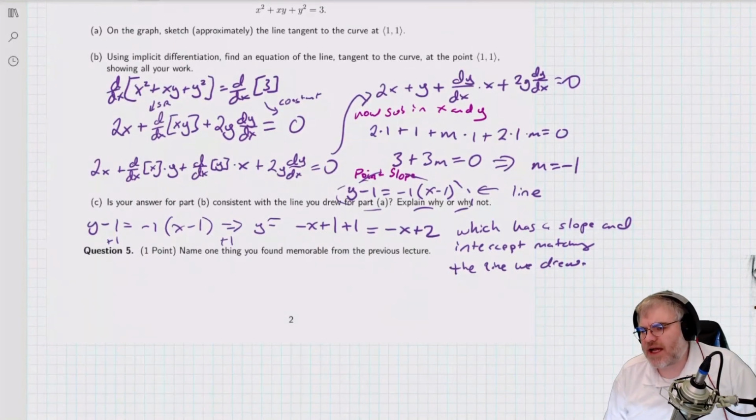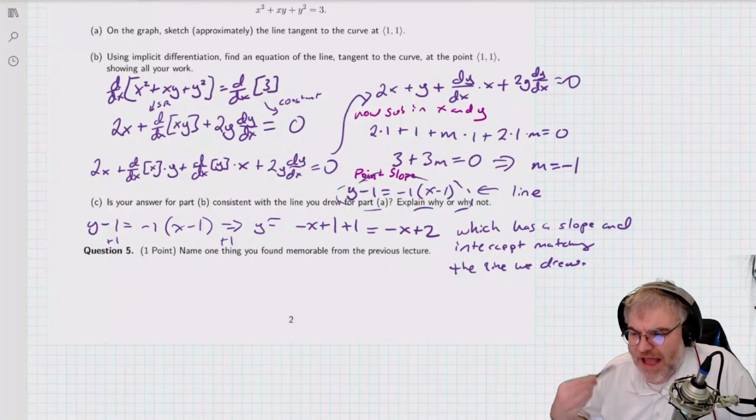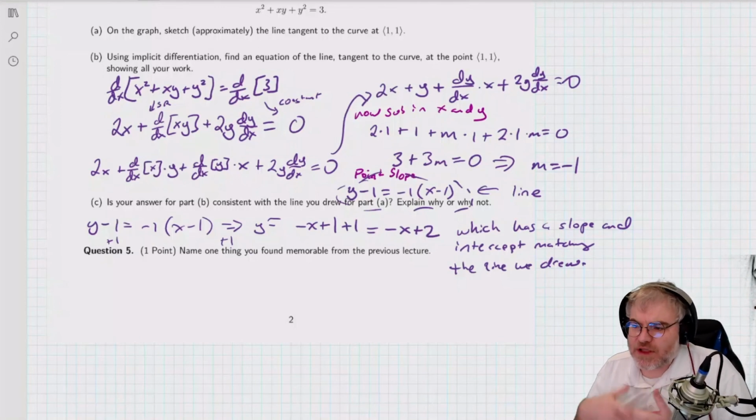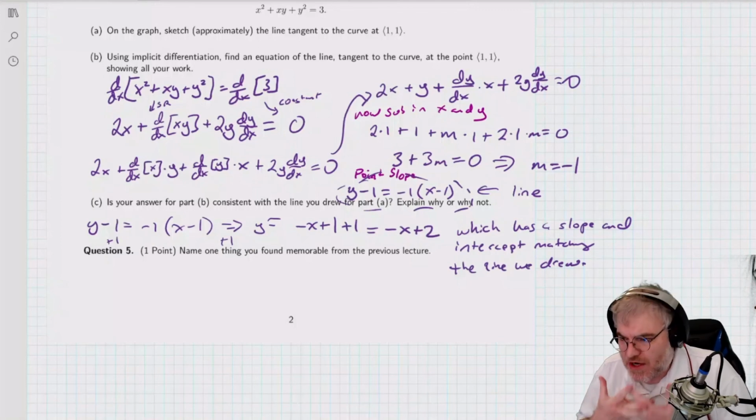So, saying the slope and the intercept match, that's good. If they don't match, say that. Don't lie. Don't say yes they match when they don't, right? If your work had come out completely wrong, say what you think. Say what's true. And then do a little bit more. Say why they don't match, or say that they should.